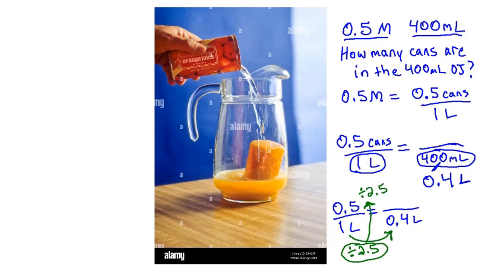So 0.5 divided by 2.5 is 0.2. So you're going to have 0.2 cans in 0.4 liters of water if you still have a 0.5 molarity.